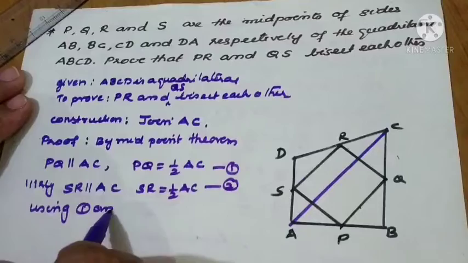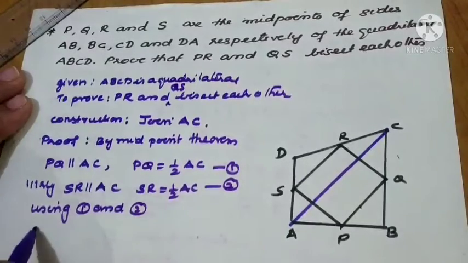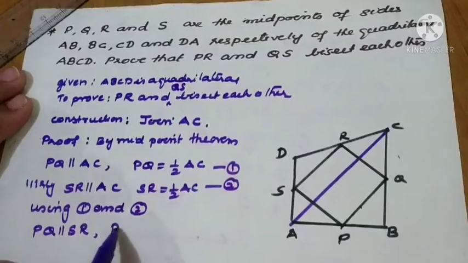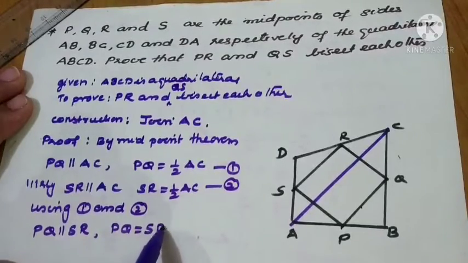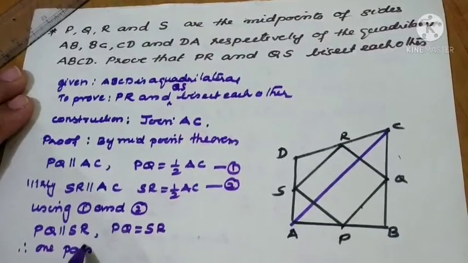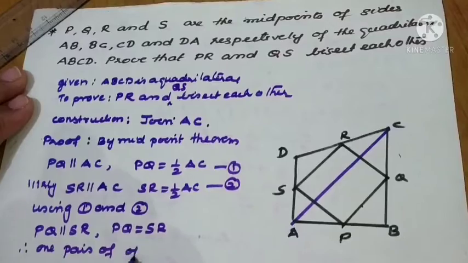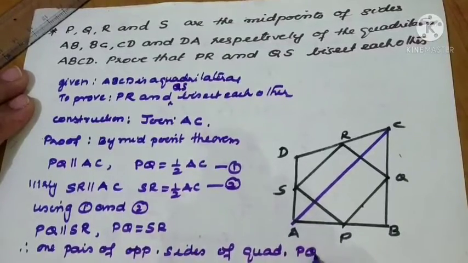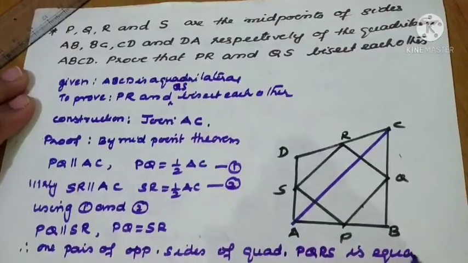Using 1 and 2, PQ parallel to SR, PQ equal to SR. Therefore, one pair of opposite sides of the quadrilateral PQRS is equal and parallel.